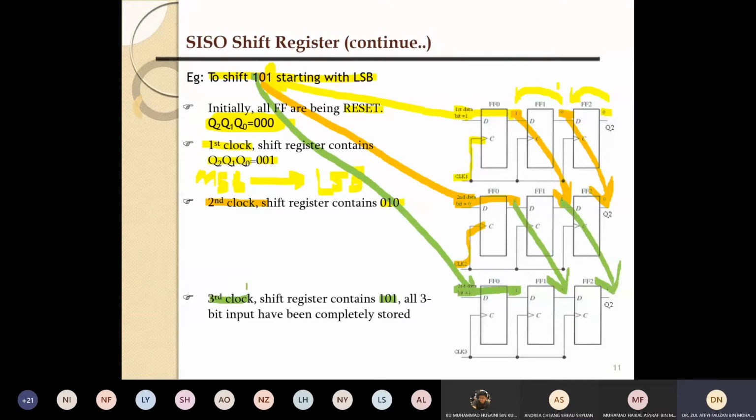So during the third clock, all 3 bits of input, which is 101, are already stored in every flip-flop in this 3-bit shift register.